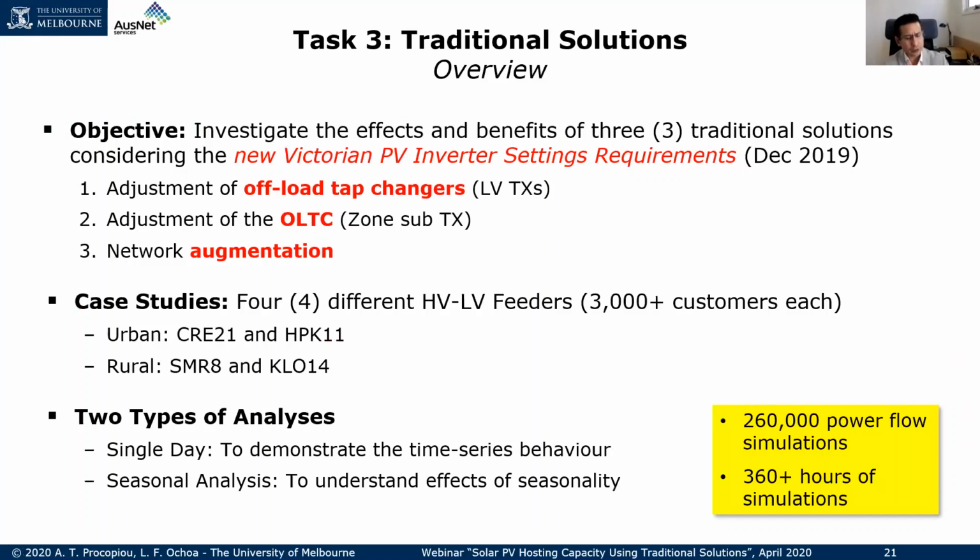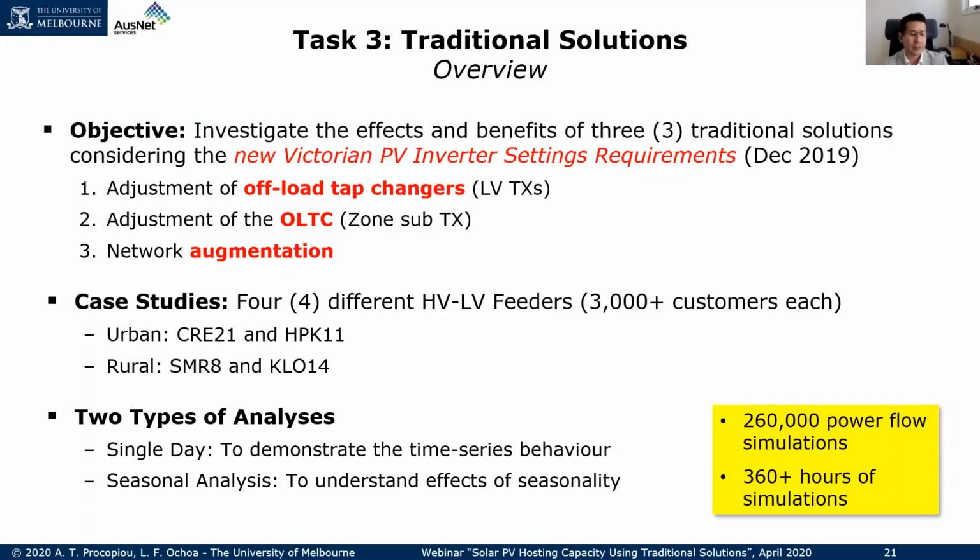With those settings, on top of that, because they are not necessarily perfect, we can do even more things. What we were exploring is the use of off-load tap changers, which is something that distribution companies do around the world. They change the off-load tap position.